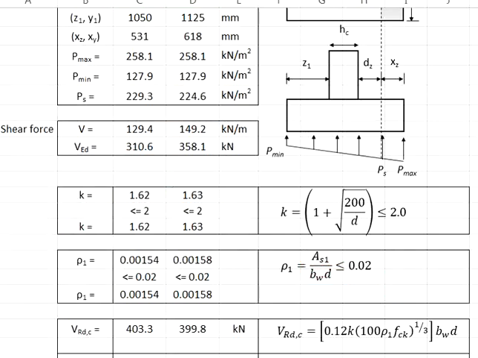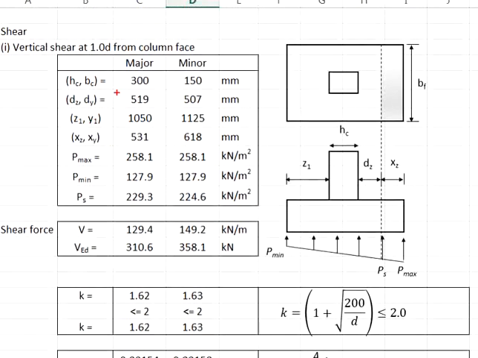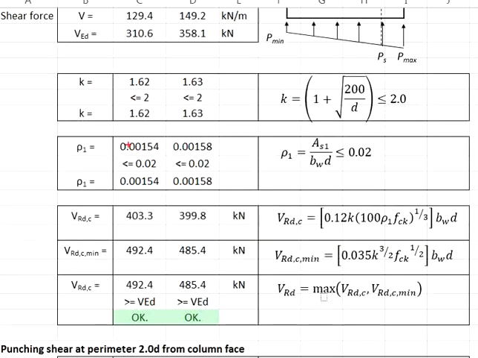Since the pad footing is a square section, the B will also be the same, 2.4 meter. As for the effective depth, D, they vary slightly, which are equal to 519 and 507 for the major and the minor axis. You get your rho 1.